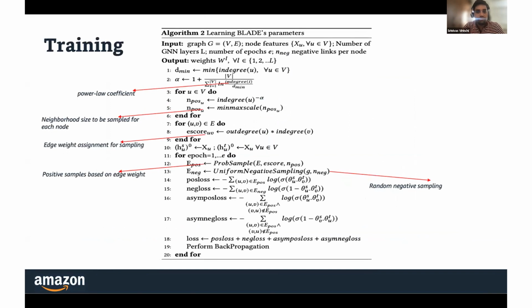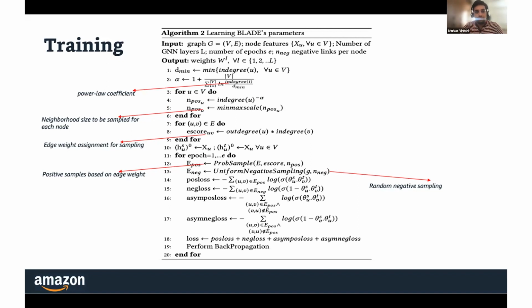So what we do is we observe that the majority of graphs obey what is known as a power law degree distribution. So we stick to that, and we estimate the power law coefficient, which is denoted by alpha in line 2.